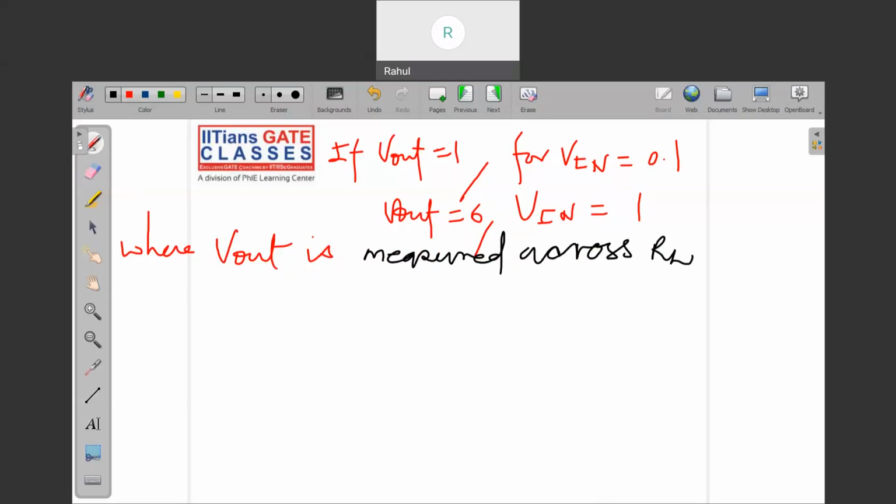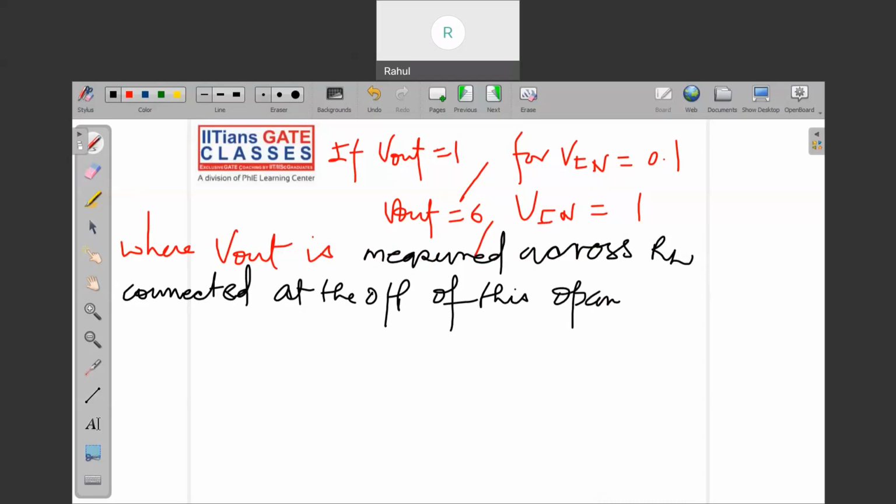RL is connected at the output of this op-amp. They have asked the value of the ratio of RF and RIN, RF upon RIN.